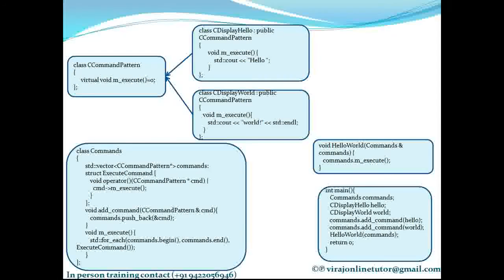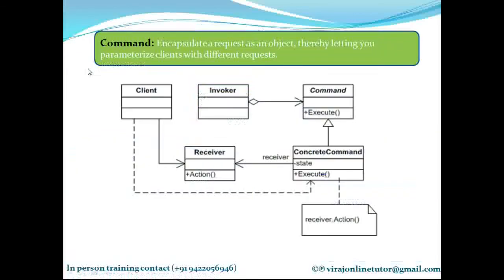So I'll explain this example again. Now if I just compare this UML diagram, there is a command abstract class that is required, which is a command pattern, and there is a concrete command required which actually implements the command class. So in the code example, I had a command pattern here, then I had a display hello, and I had a display world classes as concrete classes, and in place of invoker I had a commands class.